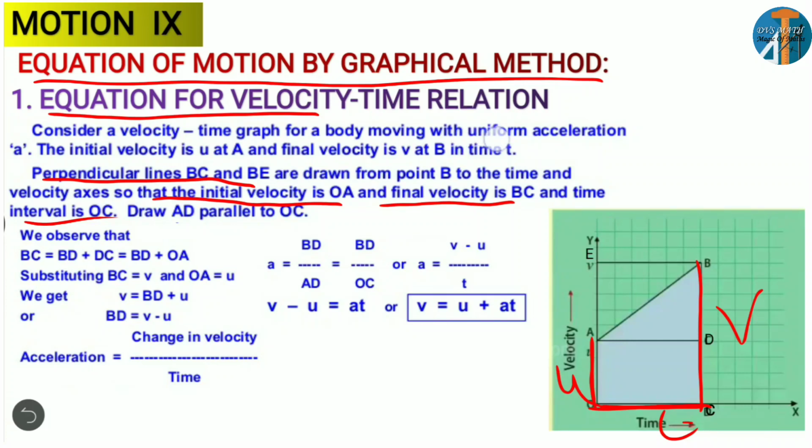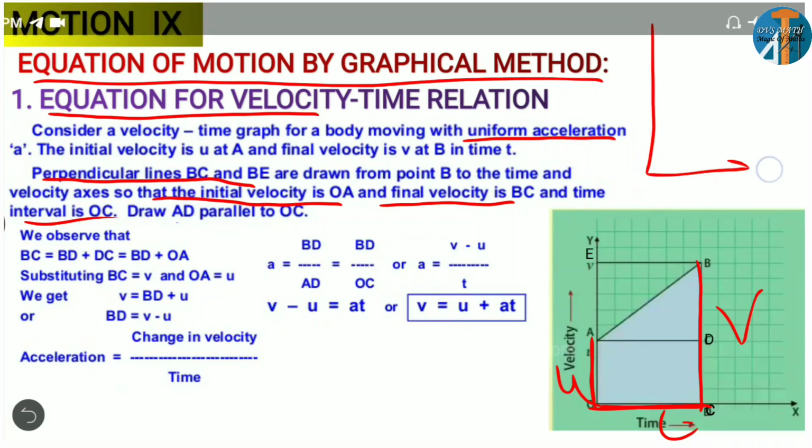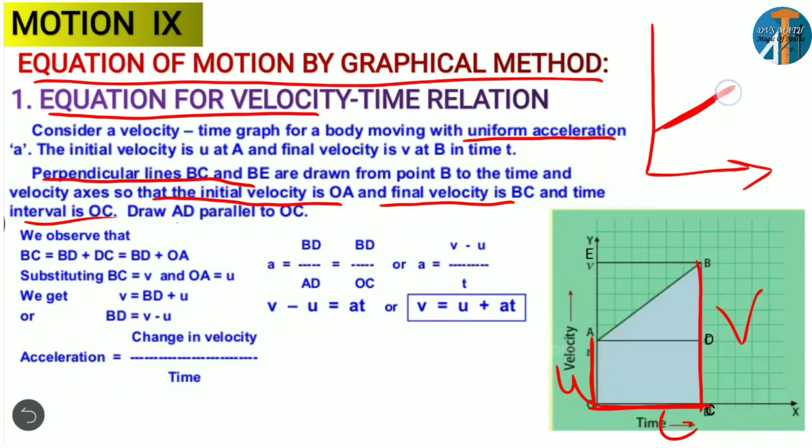Here an object is in uniform acceleration. As you all know, if it is uniform acceleration, the graph will be a straight line. One point is A, another is B. From this B we have to draw one perpendicular BC and another perpendicular BE.